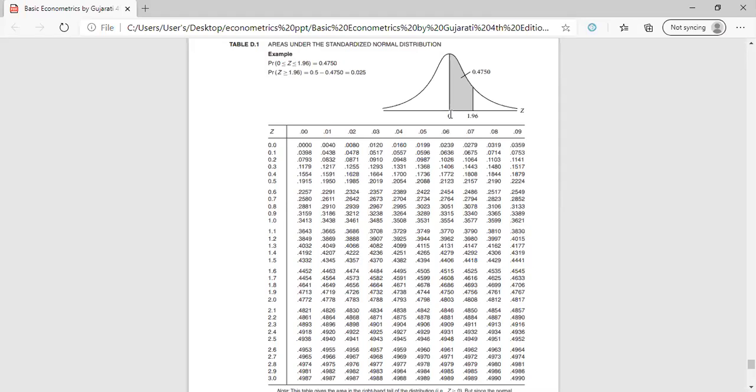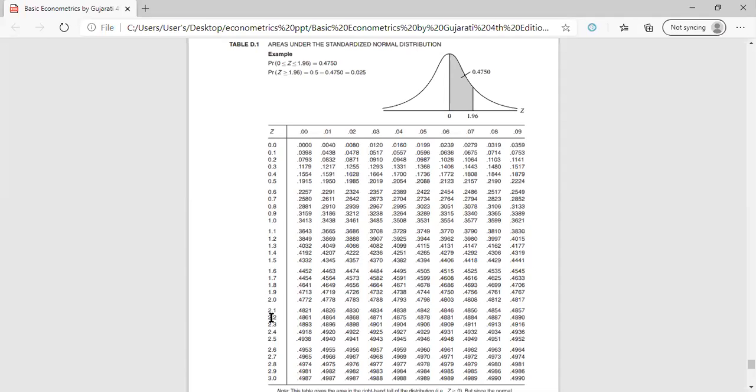Is that right? Yes. First part 0.5 because of this whole area. Another part minus 2.25 to 0, which probability-wise is the same as the probability of 0 to 2.25. Now what is 0 to 2.25?